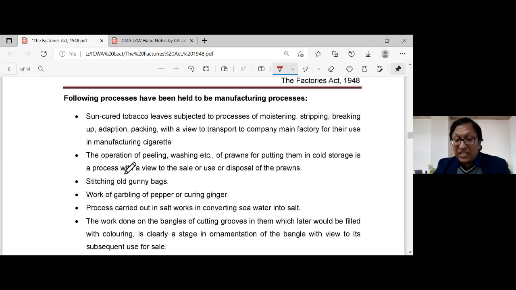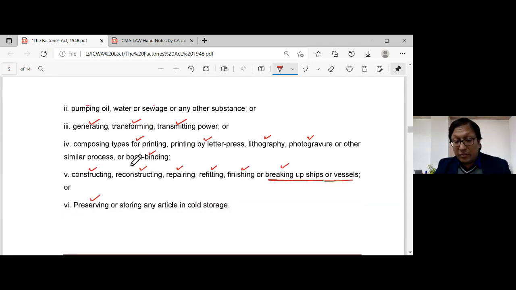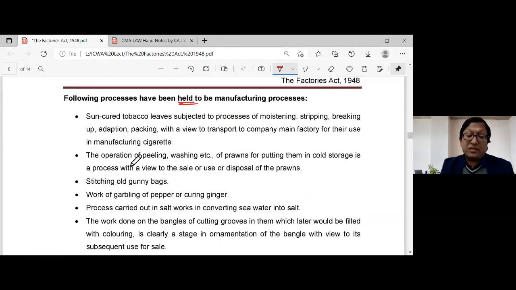There are some processes which have been held, through judgments, to be manufacturing processes. We have discussed these in the above cases, but still I'll repeat it again. Like sun-cured tobacco leaves subjected to the process of moistening, stripping, breaking up, adaptation, packing. Why?